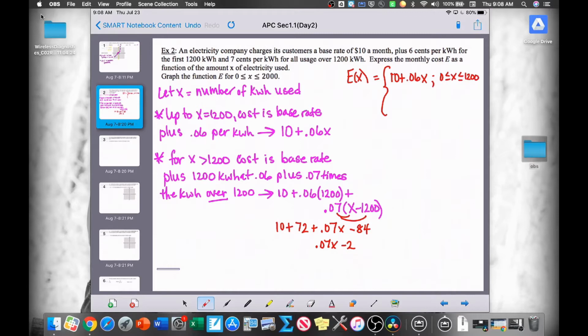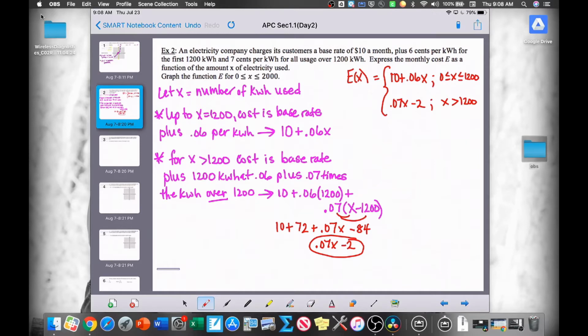And then the second part of our equation is the math that we just did to simplify. We could leave it in unsimplified form, but it's a lot easier to look at in simplified form. So that part of the equation is going to be 0.07x minus 2, and that is for values of x that are greater than 1,200.